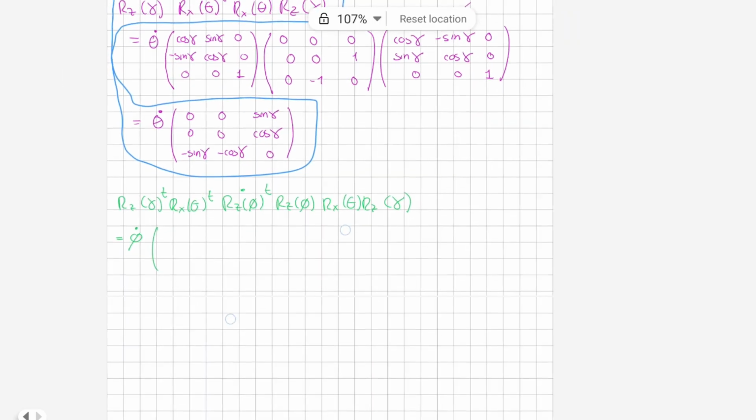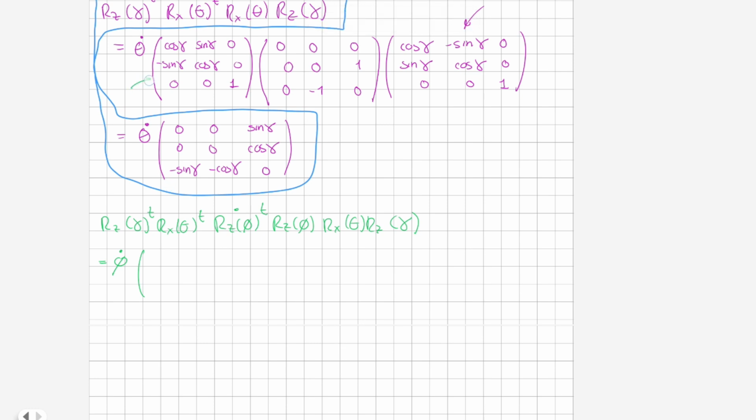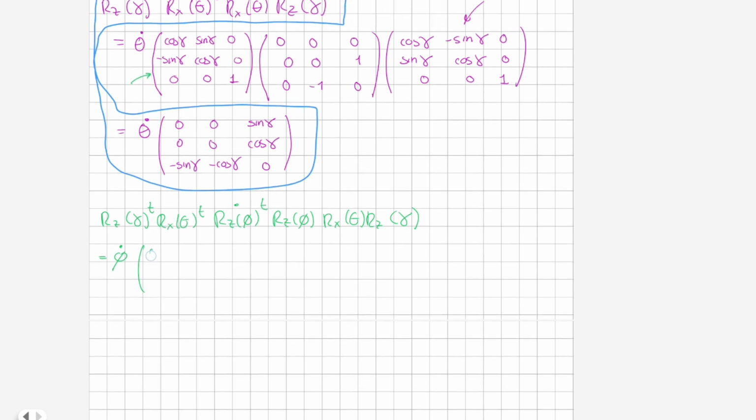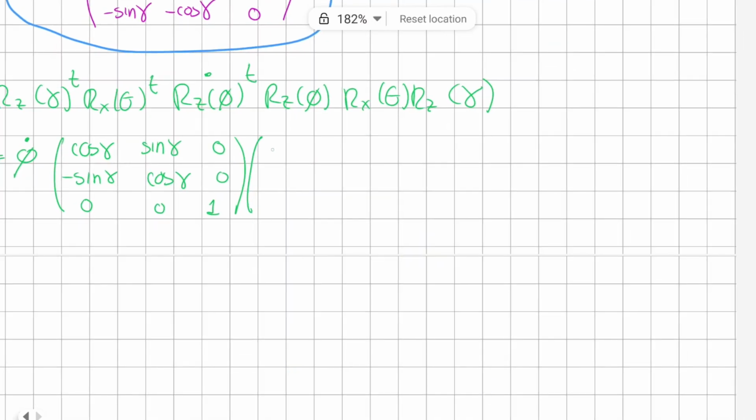And then we are going to start writing all these matrices. Rz gamma transpose, well, it was this one that we have here. So it is cosine gamma, sine gamma, 0, minus sine gamma, cosine gamma, 0, 0, 0, 1, times Rx theta transpose. That matrix is 1, 0, 0, 0, cosine theta, sine theta, 0, minus sine theta, cosine theta. Perfect.